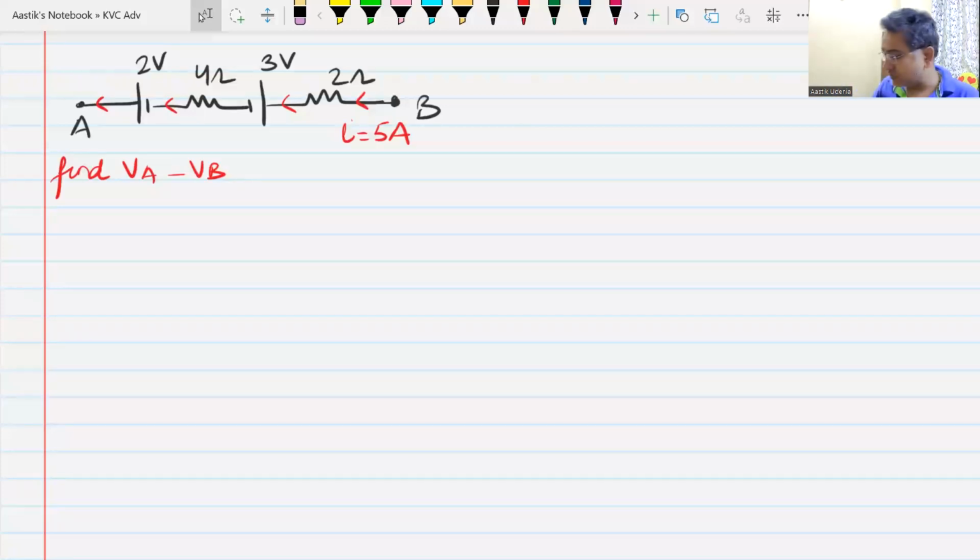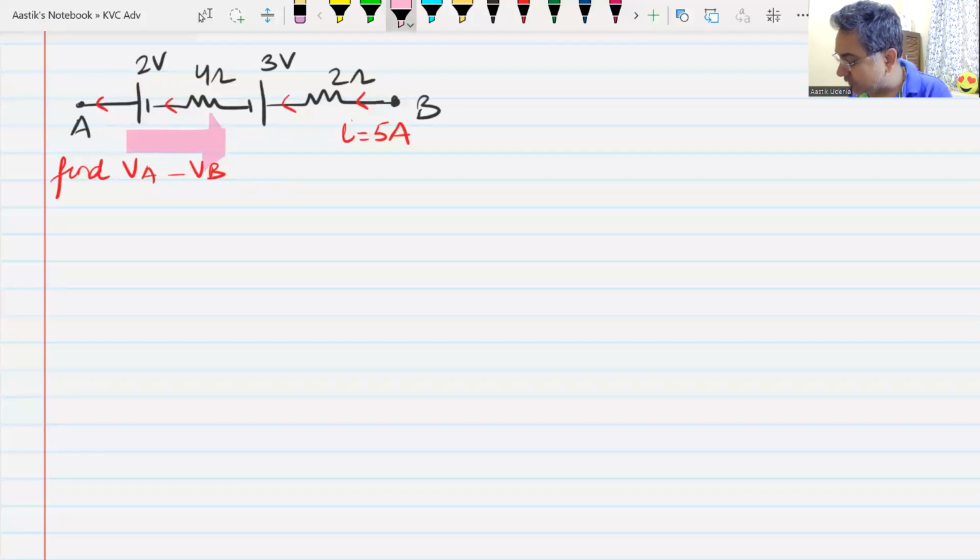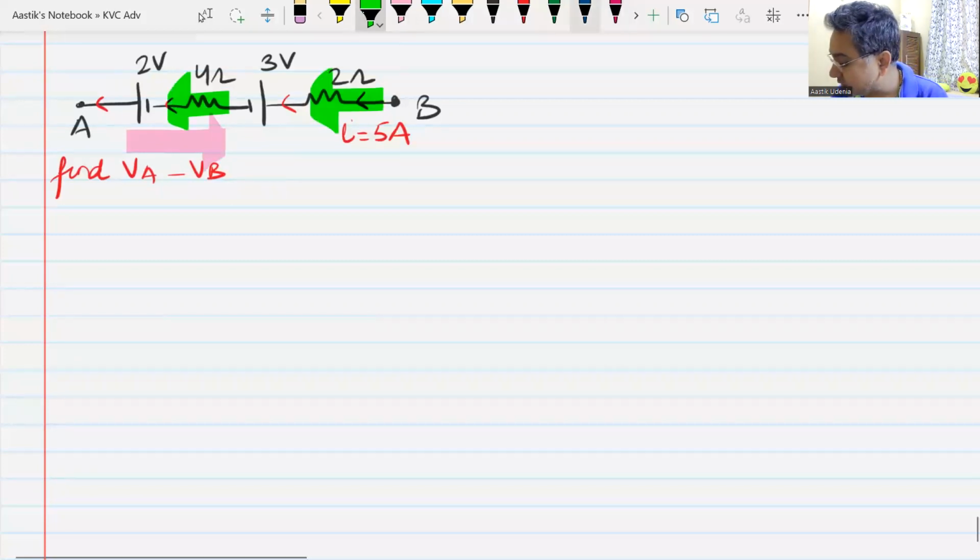So how are we supposed to do this? Let me start from A to B. So I will be going like this. As you can see, current is coming like this, doesn't matter. I start from point A and call its potential VA.